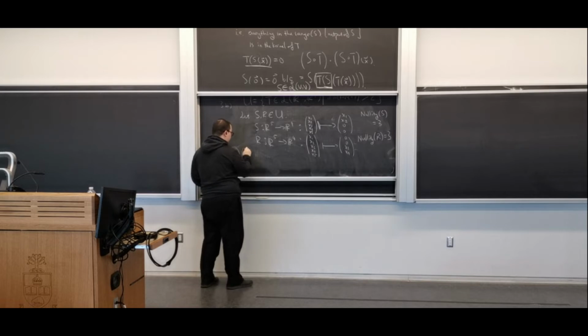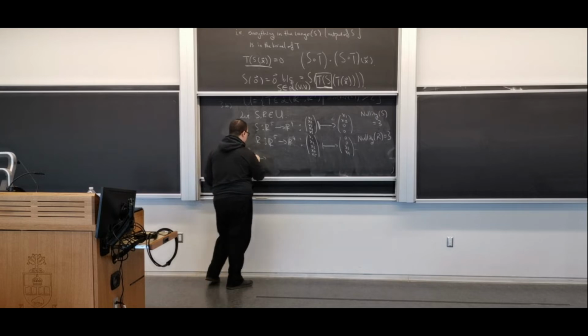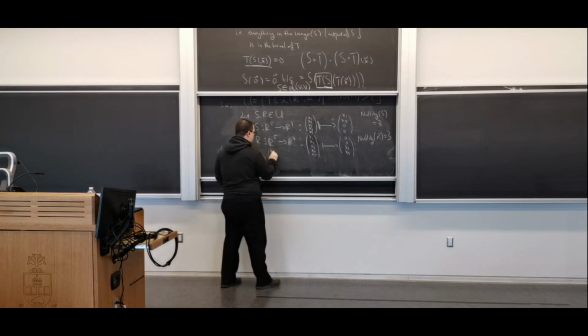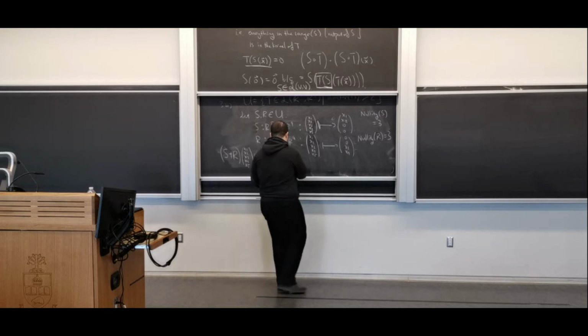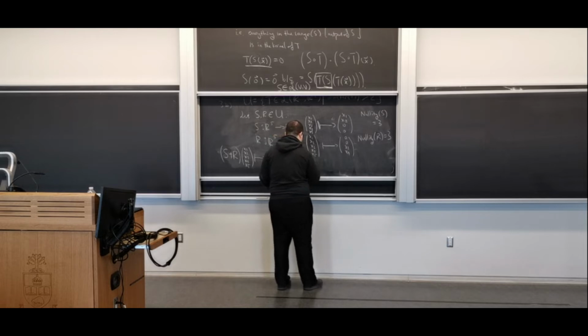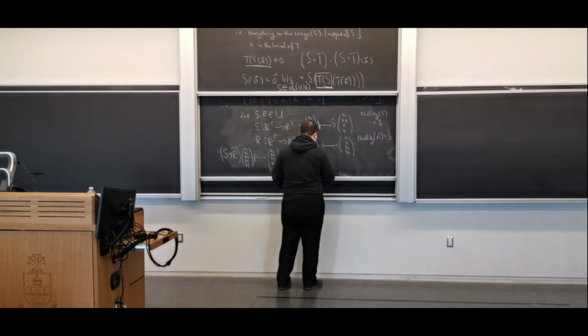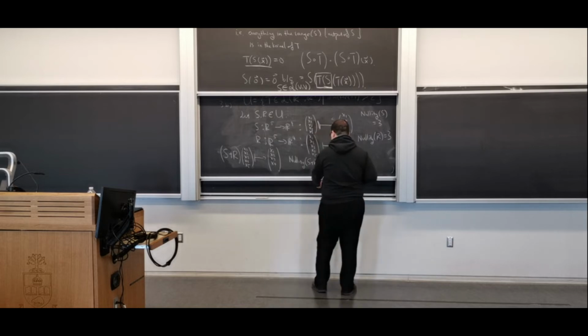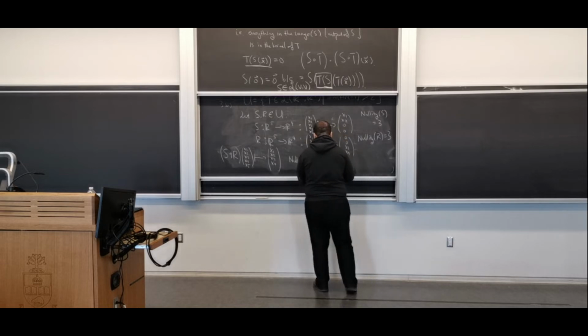what I have is x1, x2, x3, x4, x5 gets mapped to x1, x2, x3, x4, like that. And we know that the nullity of S plus R equals 1.